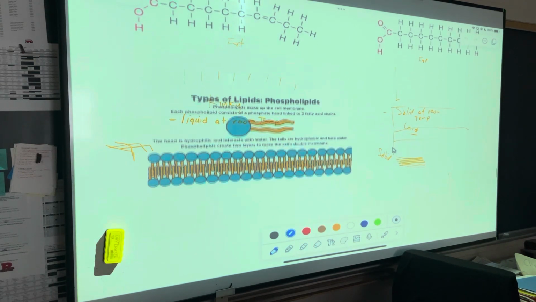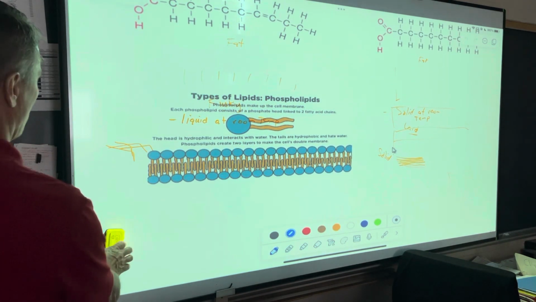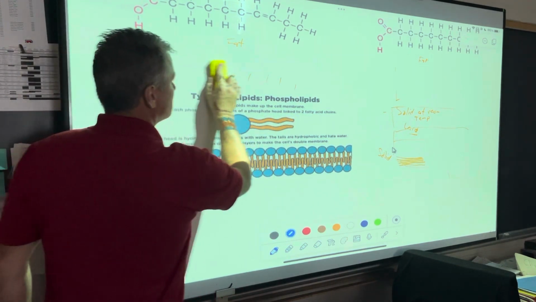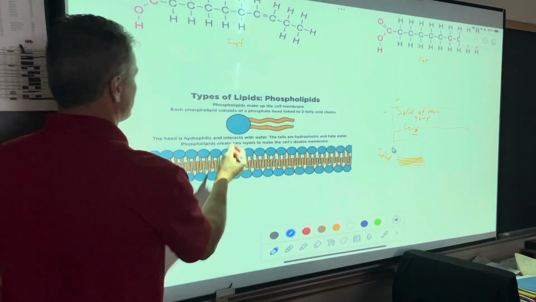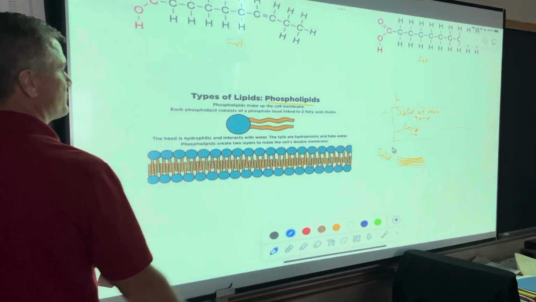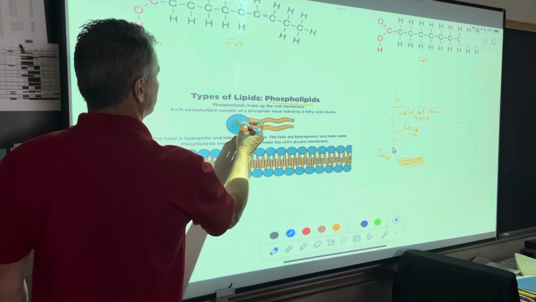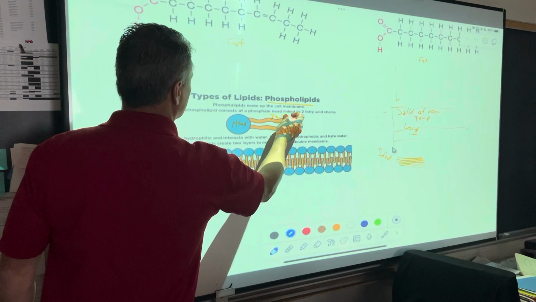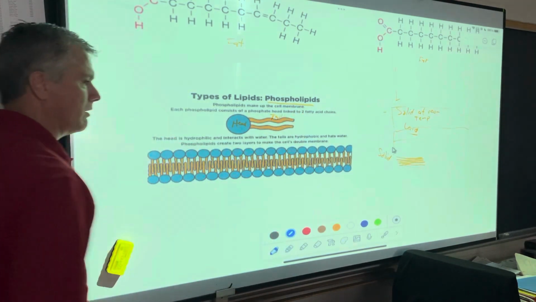And then, remember I told you it makes up our cell wall? So if you look right up this picture, you can see it. This is a phospholipid. So it's like a space alien, but it's a phospholipid. This is the head. This is considered the tail. And look how they're arranged in your cell wall.